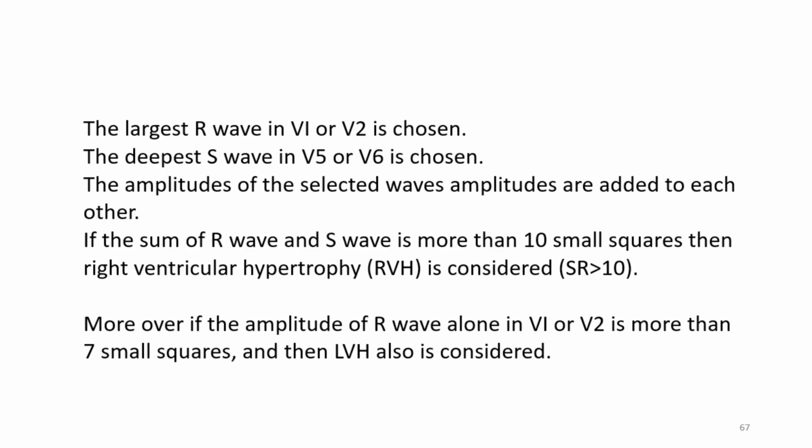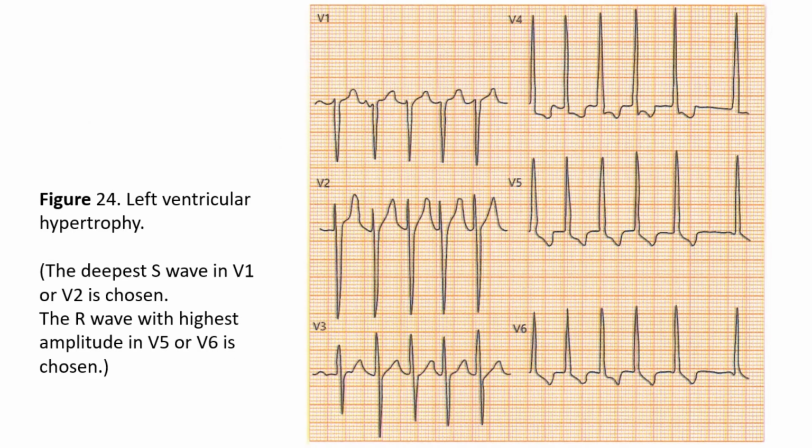Moreover, if the amplitude of the R wave alone in V1 or V2 is more than 7 small squares, then right ventricular hypertrophy is also considered. Now you see left ventricular hypertrophy: the S wave here, and then the R waves here. If you combine them, if it is over 35 small squares, we can say there is a left ventricular hypertrophy.